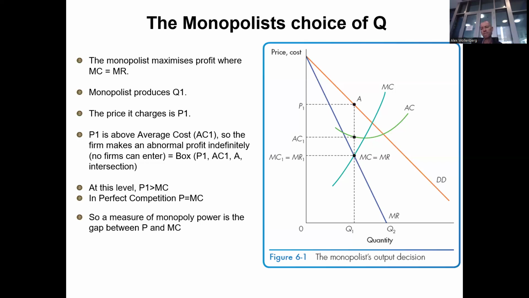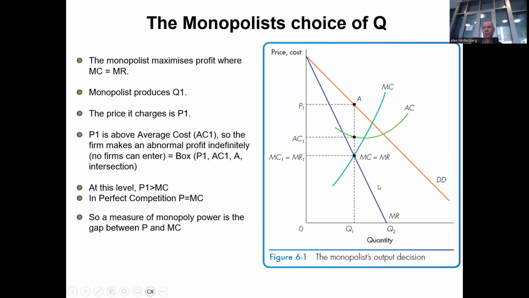What do you think? Anyone? All right. If this were a competitive company, it would produce where marginal cost and price are equal, the price being the marginal revenue in a competitive company.